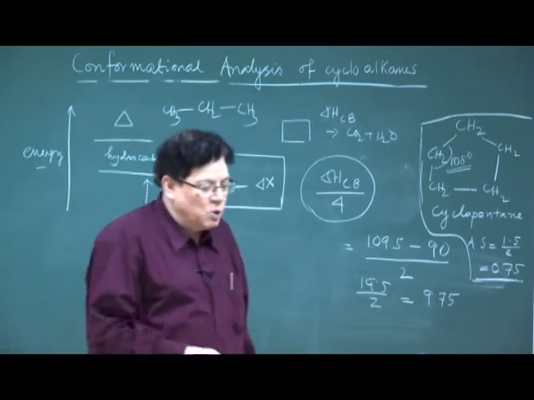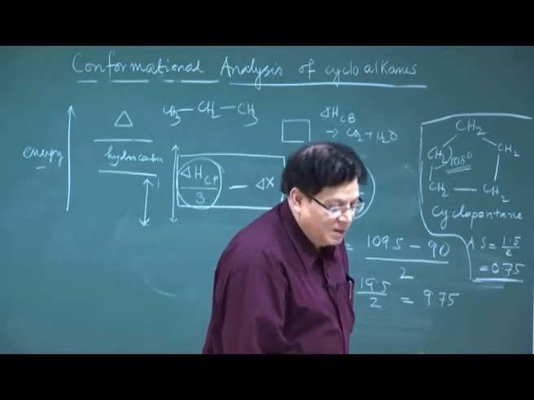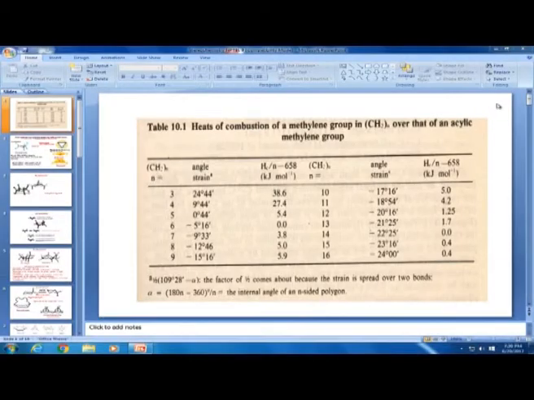I will show you one slide which tells you the values for different cyclic systems. See, this is the 24.75 I mentioned. I approximated 109.5 degrees, so it is very close to 24.75.